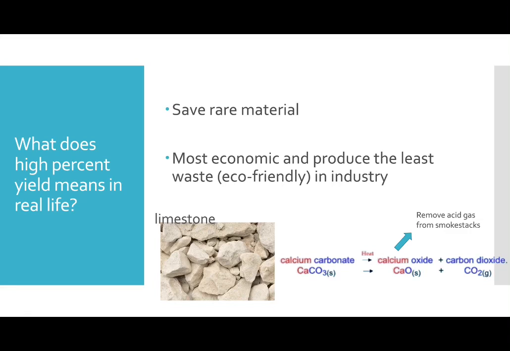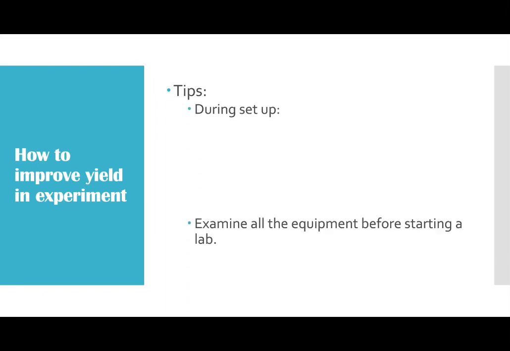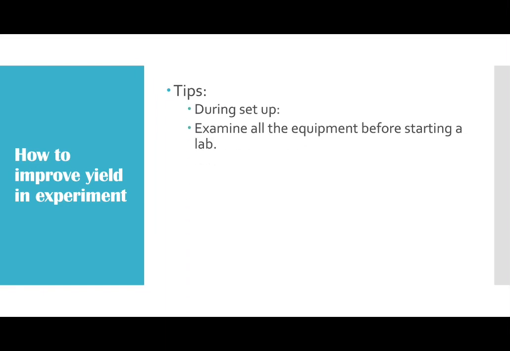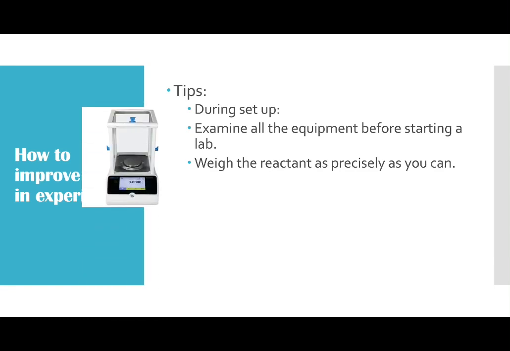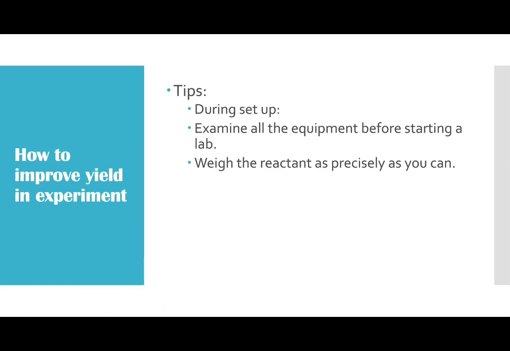Then how can we improve yield in an experiment? So here are some tips. During the setup, we can examine all equipment carefully before starting a lab to make sure it is clean and dry. Then we can weigh the reactant as precisely as we can. An analytical balance like this may be a good choice.